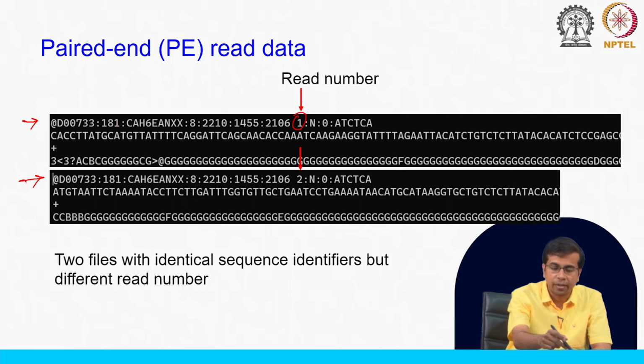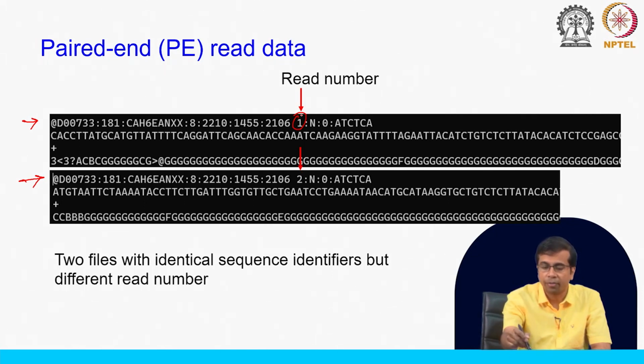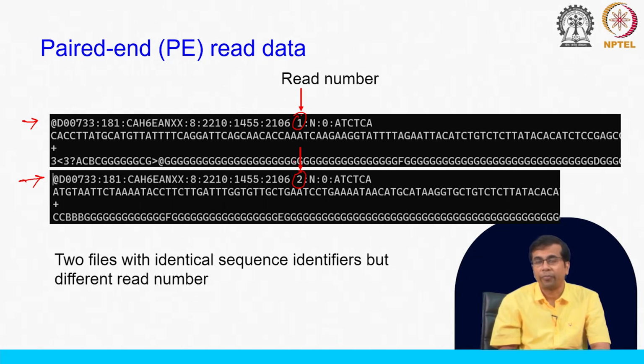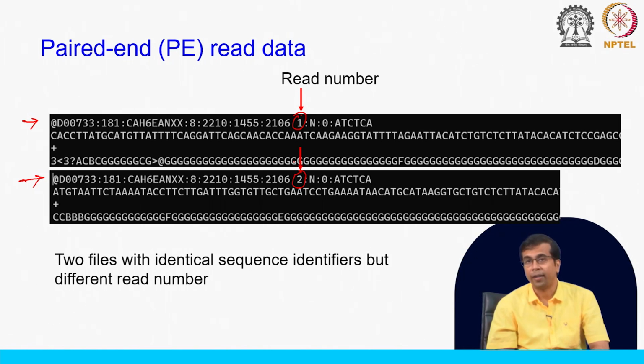For the first read you see it is shown as 1, and for the second one it is 2. So, this tells us we are dealing with paired end data: we have two files and these read numbers.